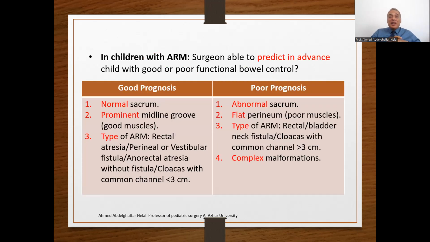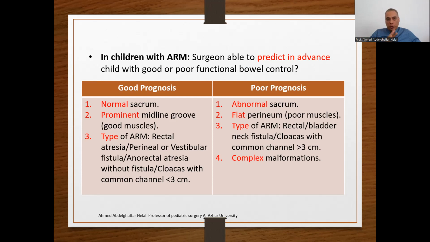It's not surprising that in children with anorectal malformation, the pediatric surgeon would be able to predict in advance which child will have good and which child will have poor bowel control. As we say in this table, good prognosis is associated with normal sacrum, prominent midline groove or good muscles, types of anorectal malformation such as rectal atresia, perineal or vestibular fistula, atresia without fistula, cloaca with a common channel less than 3 cm.